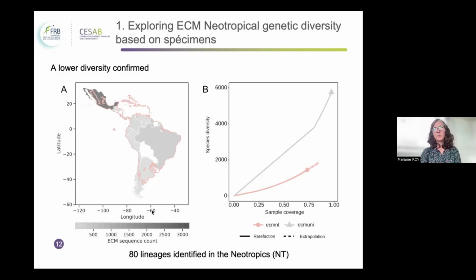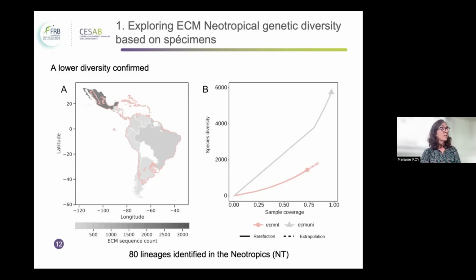And second, we did realize that there was a huge diversity, because when we gathered all those sequences aggregated at a 97% similarity level, we still had nearly 1,800 species of ectomycorrhizal fungi detected from this dataset. So that was huge.